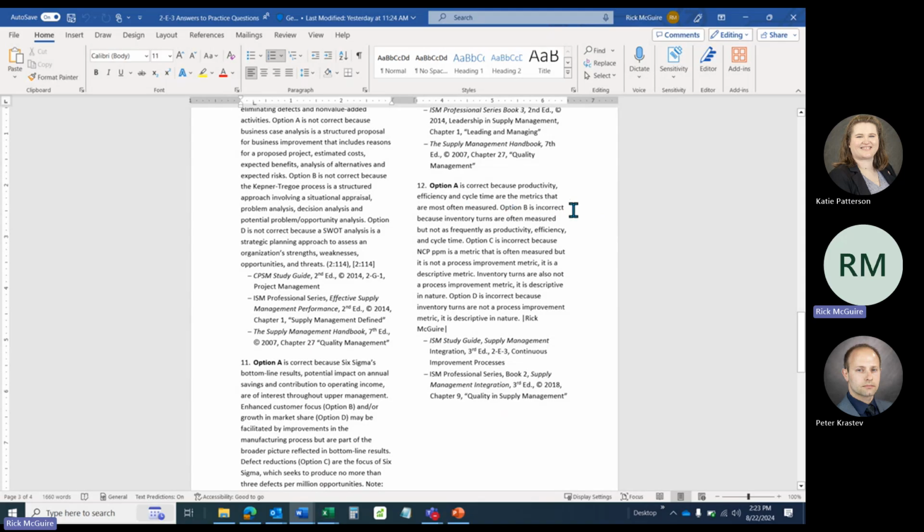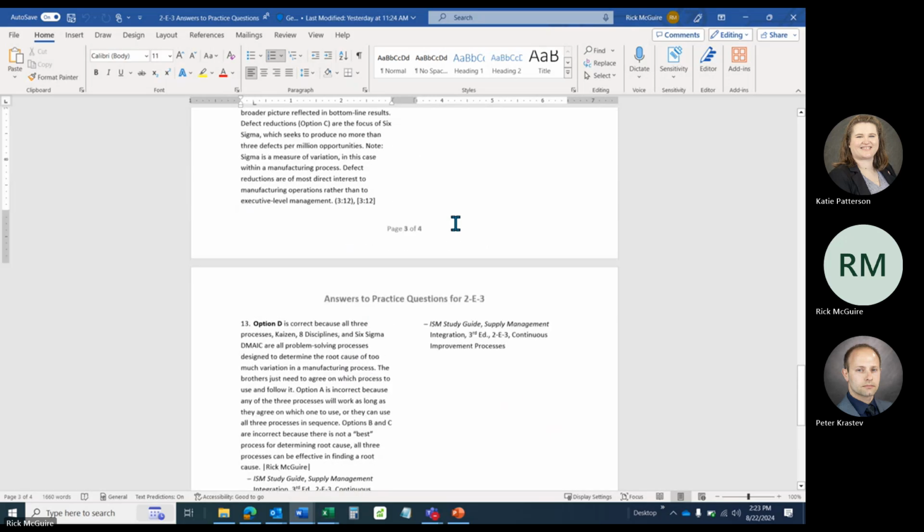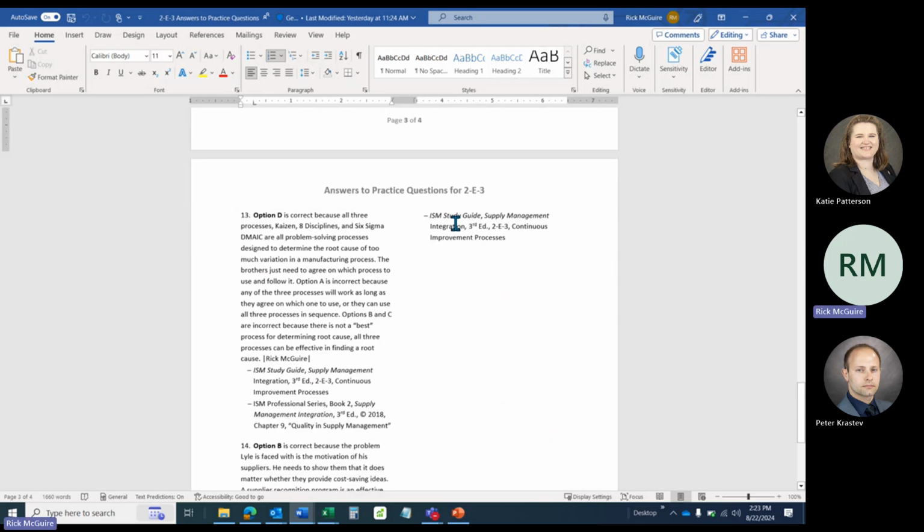Productivity and efficiency and cycle time are the metrics that are most often measured. 13 is Delta. All 3 processes, Kaizen, 8 disciplines, Six Sigma, DMAIC, are all problem-solving processes designed to determine the root cause of too much variation in a manufacturing process.